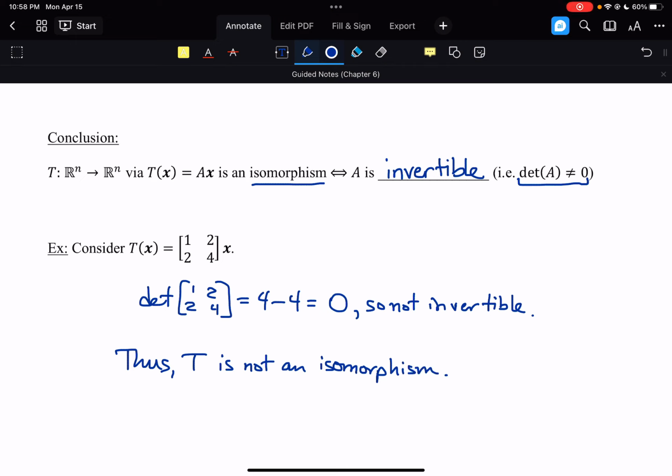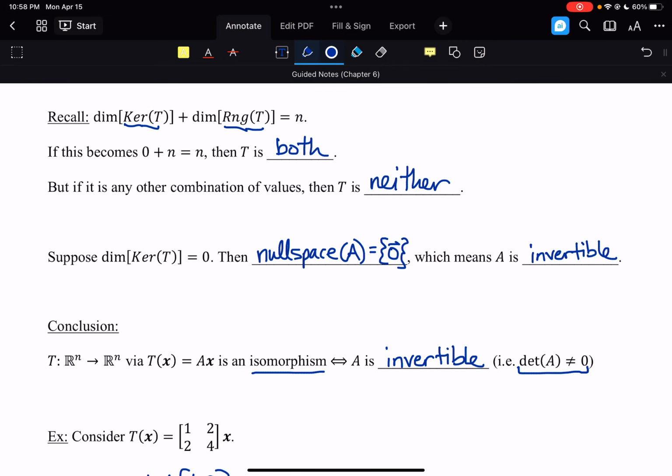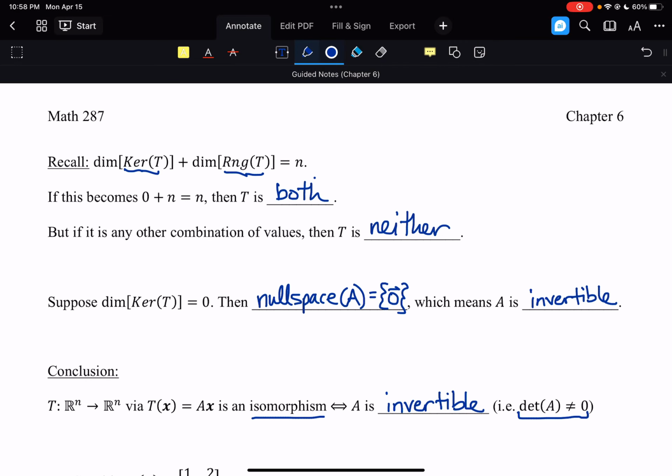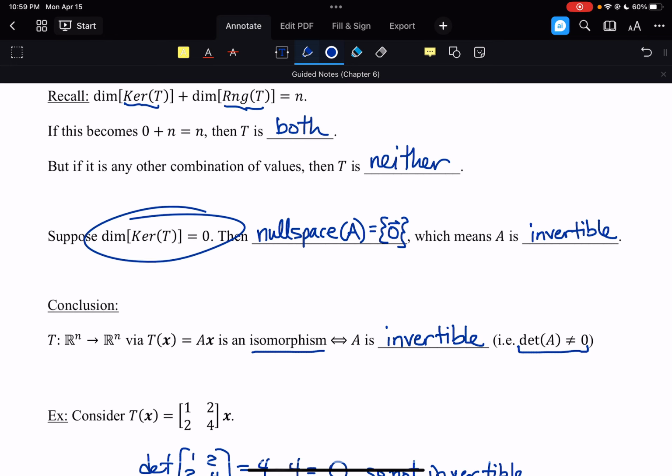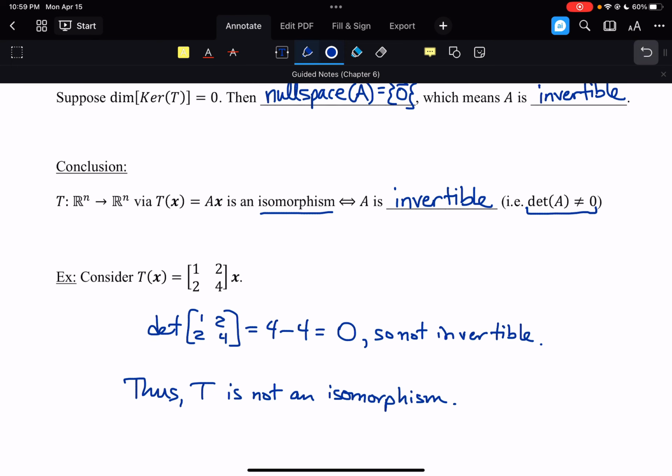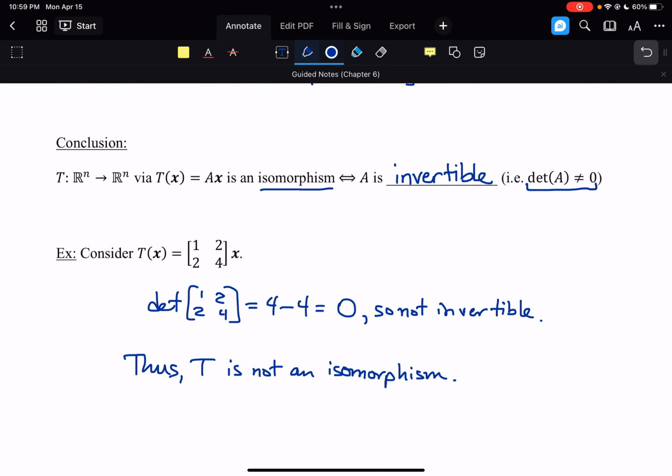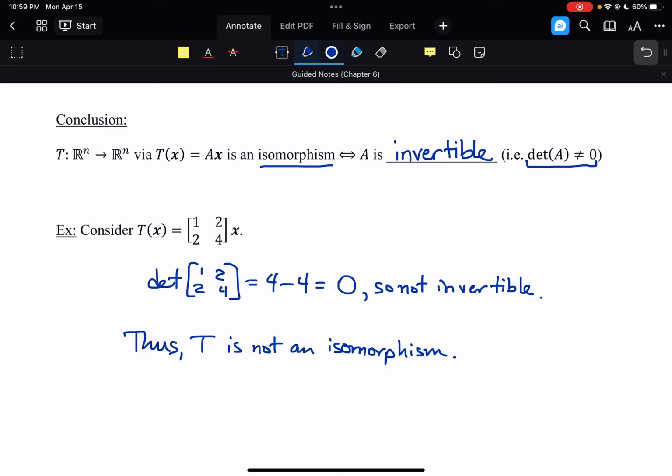Now, in general, when we're talking about isomorphisms, the only condition to be an isomorphism is that it's both. So just because it's not an isomorphism doesn't mean it's neither automatically. In general, it could still be 1-to-1 or onto, just not both. But in the case of the matrix transformation, because of this relationship here, and we're looking at the dimension of the kernel and the range, in this case, it would be a both or neither situation.